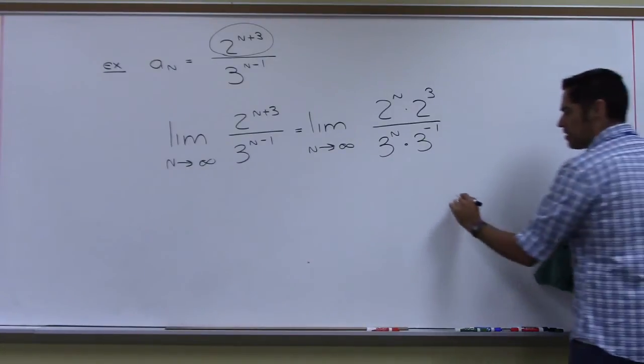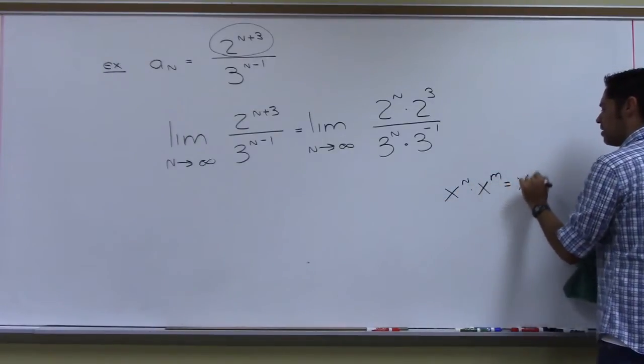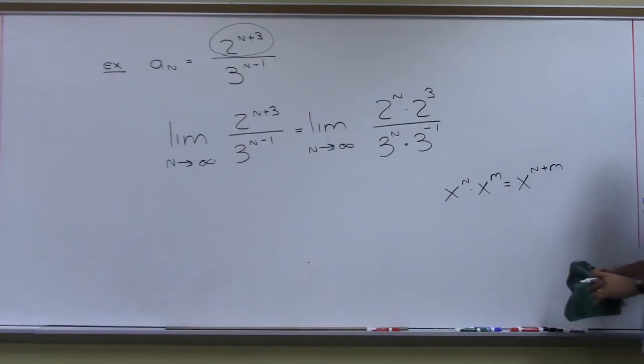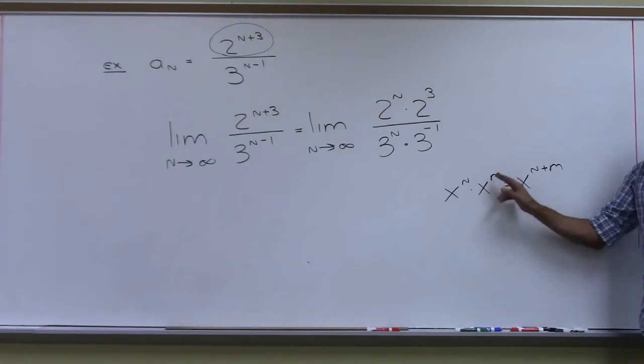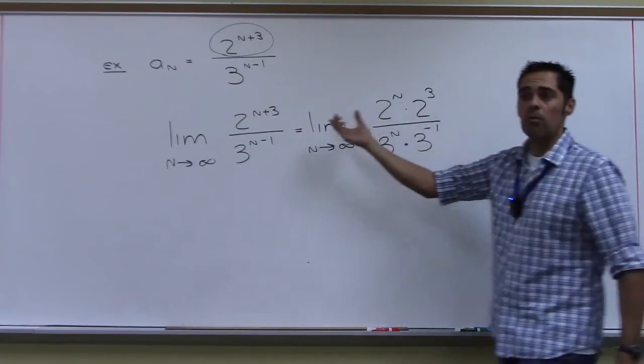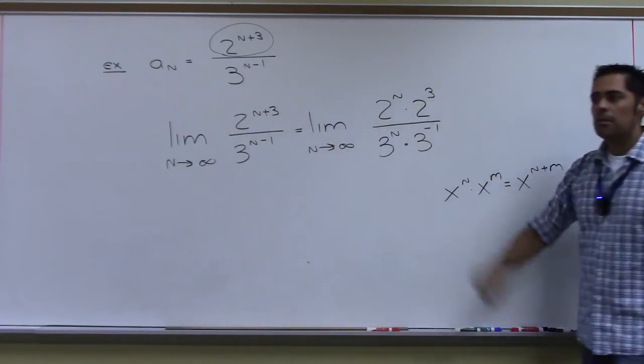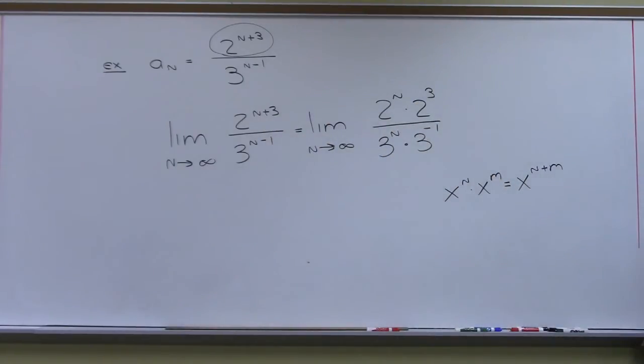I'm just using a basic property. If you have x to the n times x to the m, this is x to the n plus m. Same base, different exponents, add the exponents, right? I'm doing that property here, but backwards. I'm starting with n plus 3, and I'm going back to 2 to the n and 2 to the 3. Right? Now, what does that allow me to do?